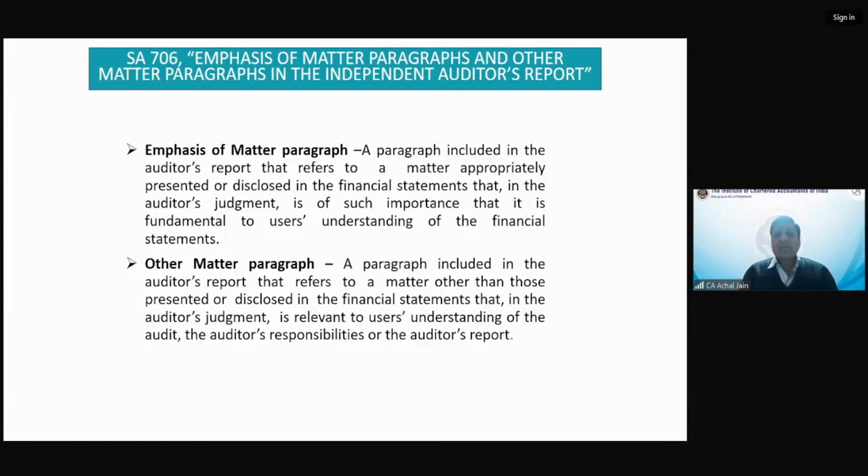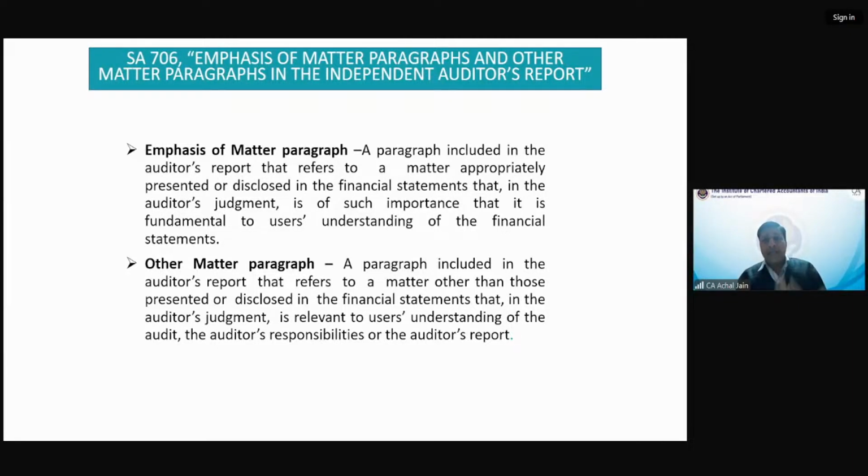At times, what may happen is that the auditor has completed the audit, and everything is fine, which means there's no material misstatement in the financial statements. But there could be a matter over which there is some uncertainty. Uncertainty in the sense that its outcome is not very clear and there is absolutely no clarity.